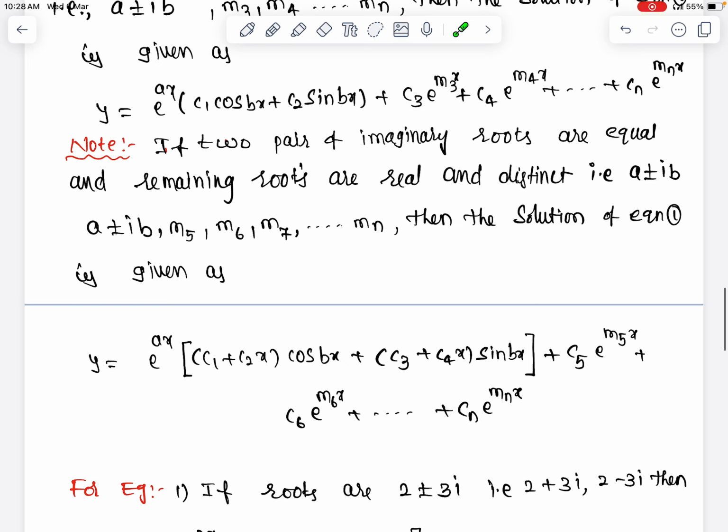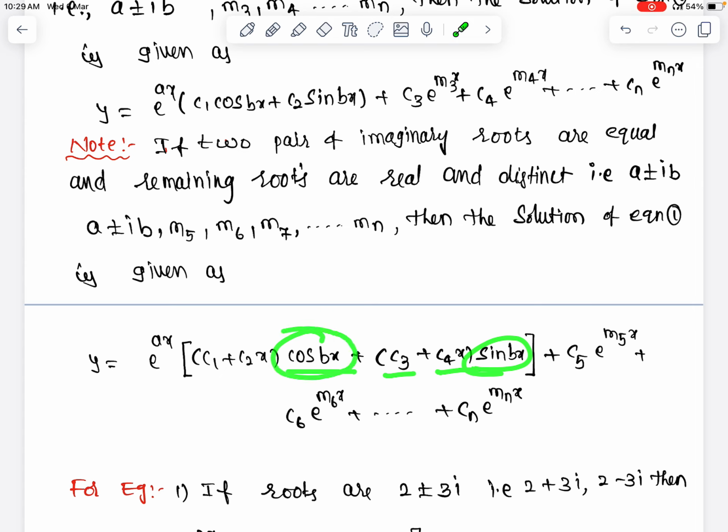Then what is the general solution? e power ax is the real part for the four roots, written outside. Repeated means we get additionally the extra term. For a real root m1x we would write C1 plus C2x into e power m1x, but here it is C1 plus C2x into cos bx, C3 plus C4x into sin bx.